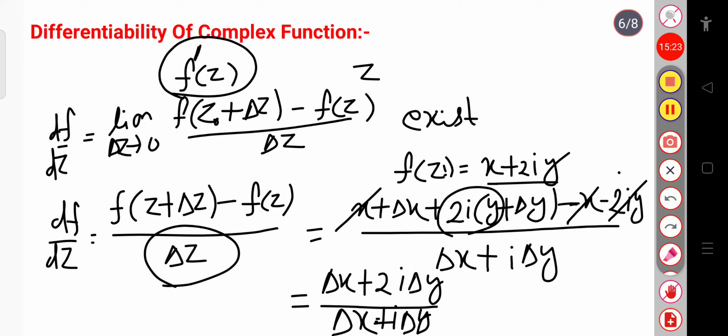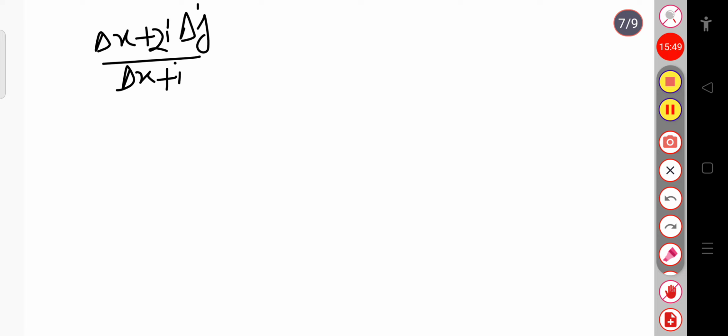Now let me write here again: delta x plus 2i delta y divided by delta x plus i delta y. The limit delta z tends to 0 means delta x tends to 0 as well as delta y tends to 0.